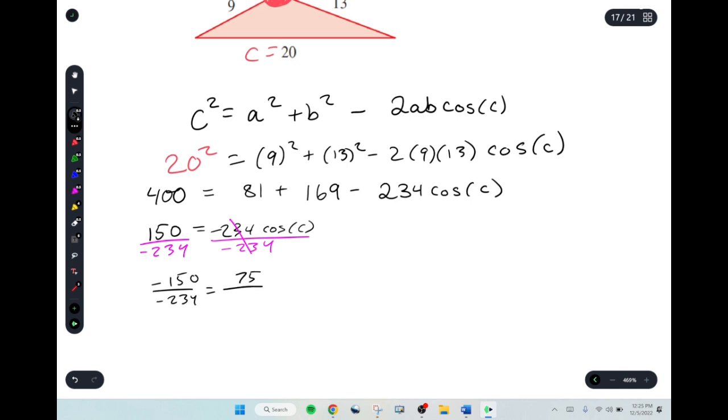You get 75 over, ends in a 2? Oh, it doesn't end in a 2. Ends in a 7. 117. Is that right? I think it's right. Equals cosine of C. And this is the most important part of this whole question, actually. How do you get rid of that cosine?